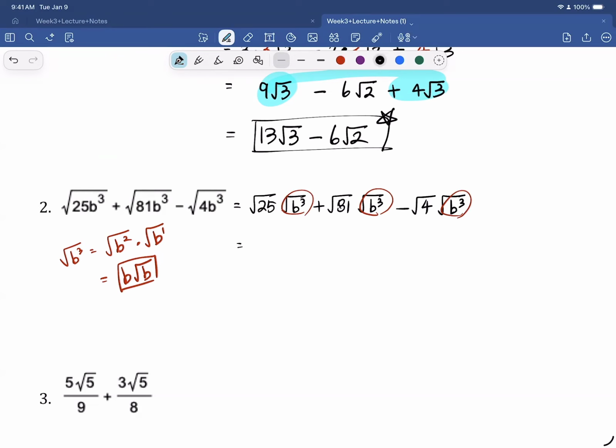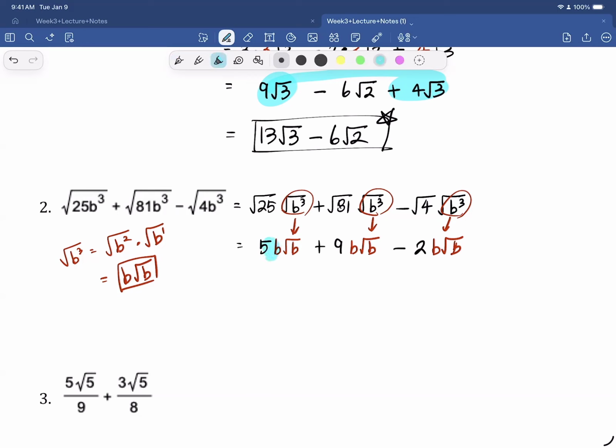Okay, so this is gonna be 5b square... Oh, I'm gonna change the letter, I mean color. b square root of b, and then plus 9b square root of b minus 2b square root of b because of this. Okay, so my question is, which one is the like term?